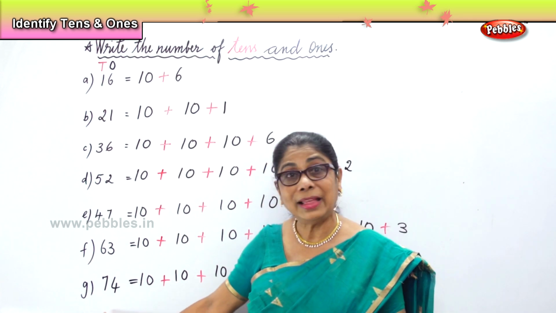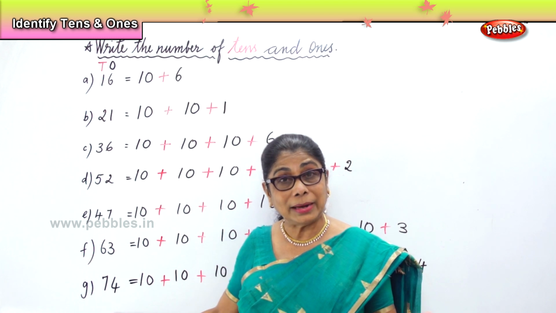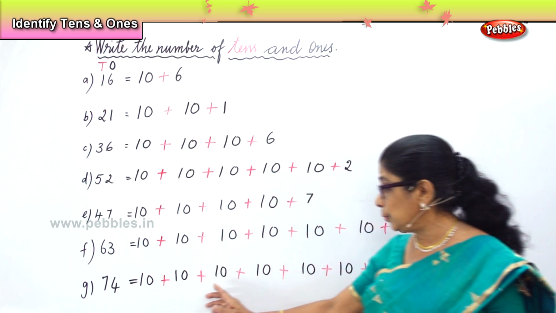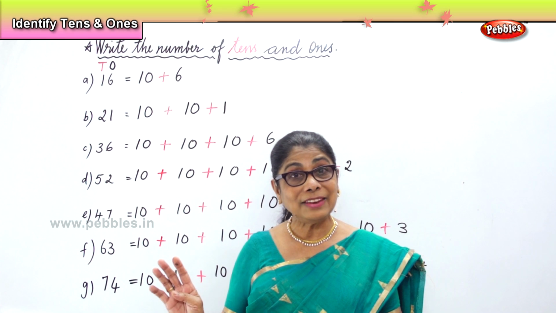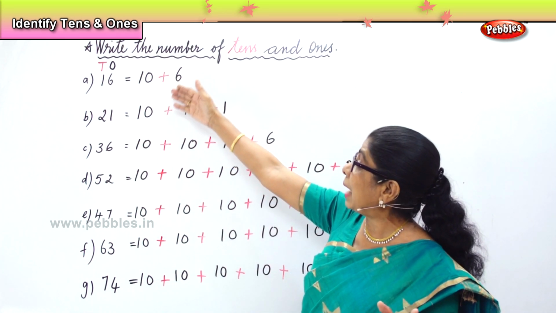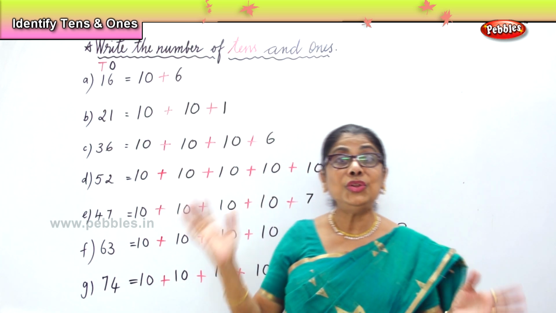And finally you have the numeral 74. How many tens and how many ones? In 74 you have 1, 2, 3, 4, 5, 6, 7 tens and 4 ones. Now today we learned how to identify the number of tens and ones in the numeral given.